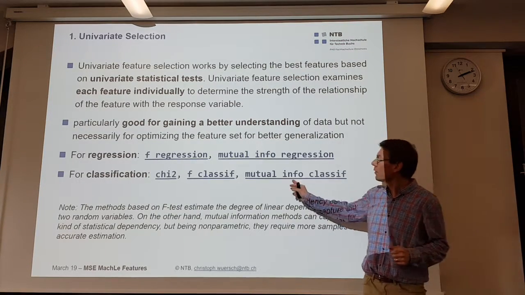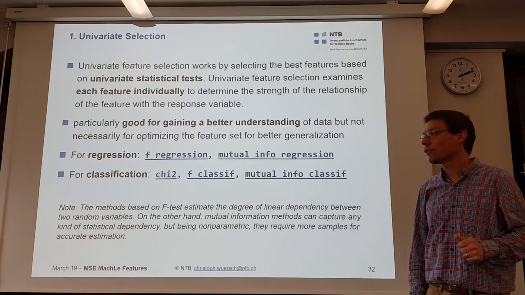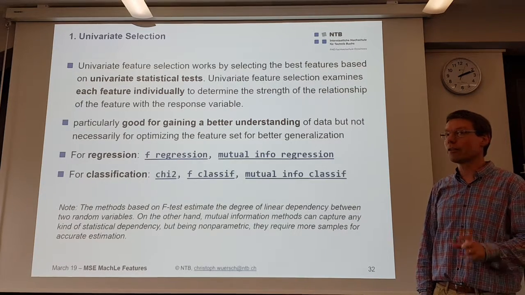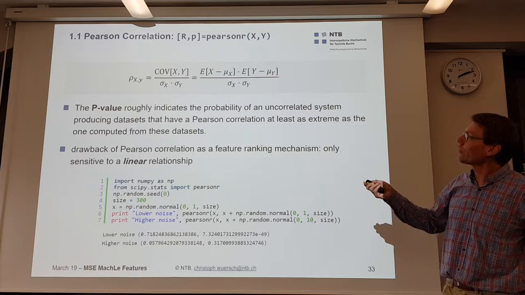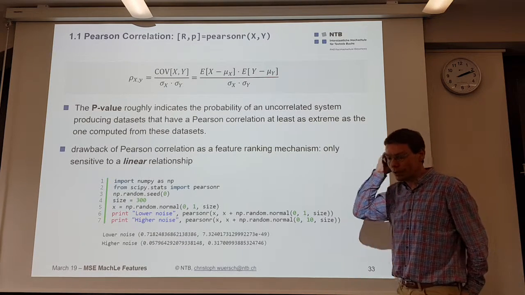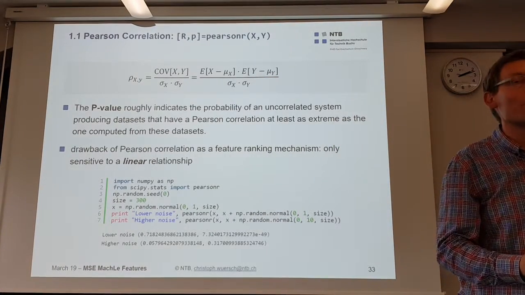For classification, we have similar methods to select features at a univariate level, each feature individually, not coupled together. The Pearson correlation coefficient is defined like this, and it already gives, for linearly correlated output values to input values, a measure of how important a feature is.